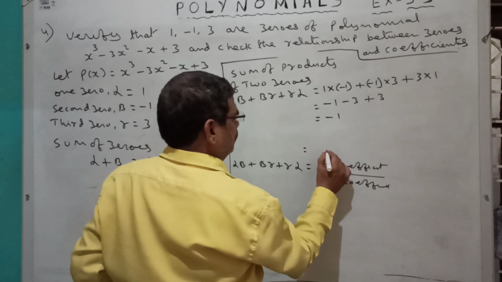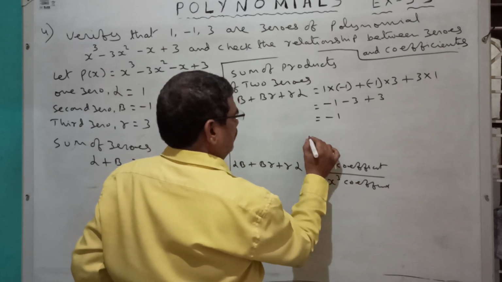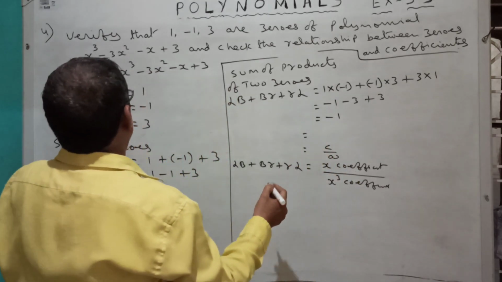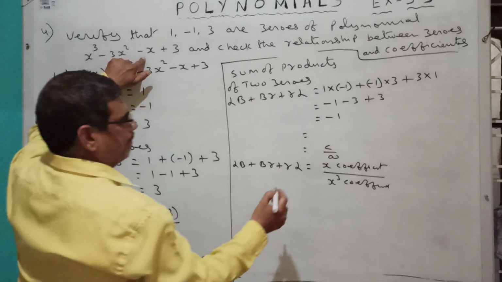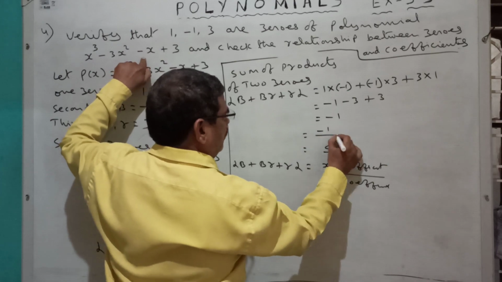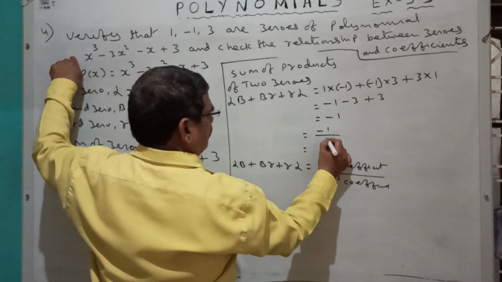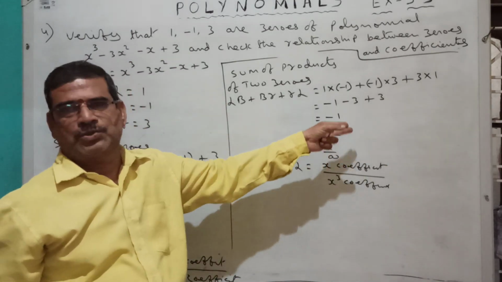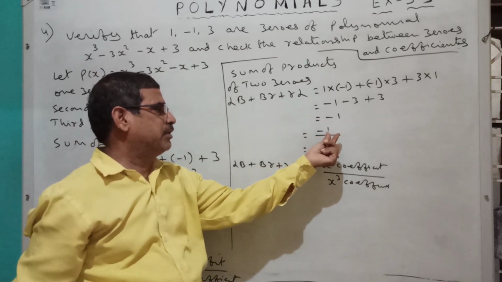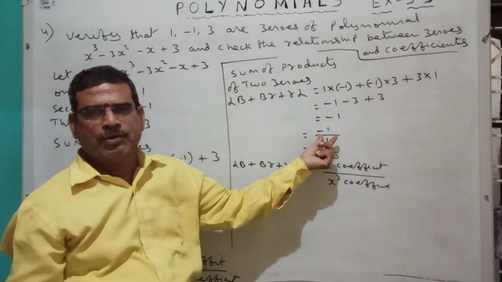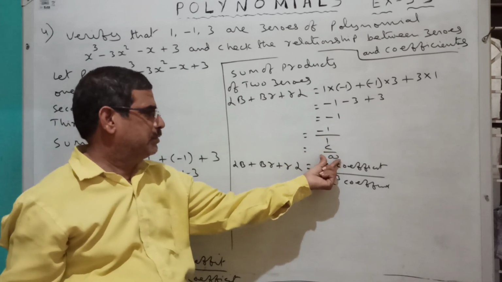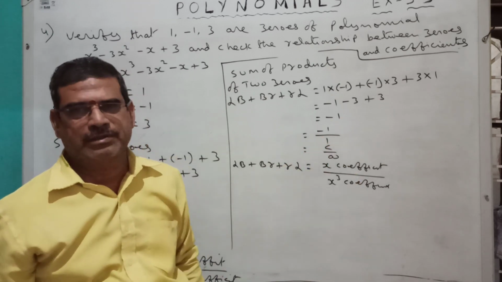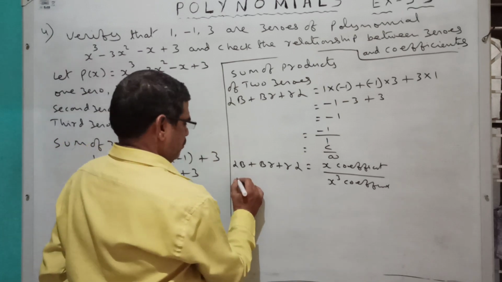That is equal to c by a. Here c means what is the value here? Minus 1. A means 1. See, these two are equal. Minus 1, minus 1. In the denominator 1 is there, no value for 1. Simply I am writing it to get the relation. So therefore this is verified.